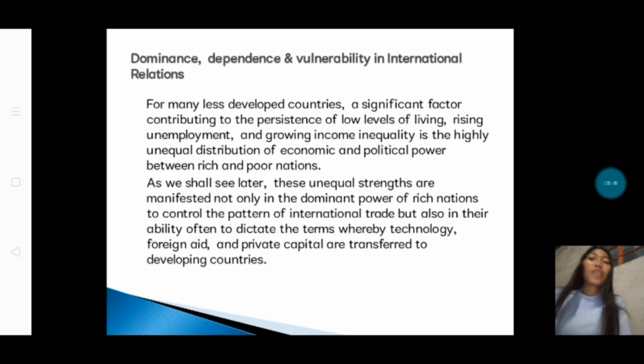As we shall see later, this unequal strength is manifested not only in the dominant power of rich nations to control the pattern of international trade, but also in their ability often to dictate the terms whereby technology, foreign aid, and private capital are transferred to the developing countries.